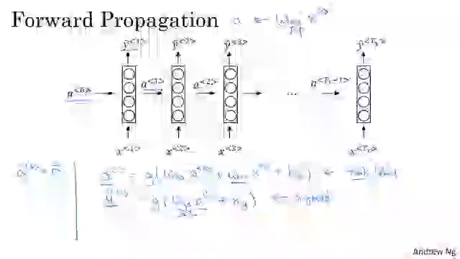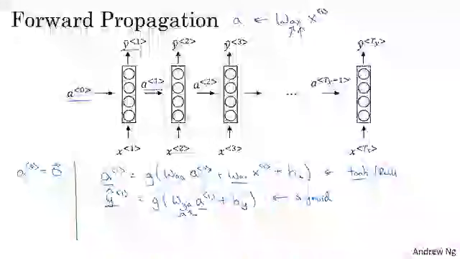So for the named entity recognition task, where y was either 0 or 1, I guess the second g could be a sigmoid activation function. And I guess you could write G2 if you want to distinguish that these could be different activation functions, but I usually won't do that.